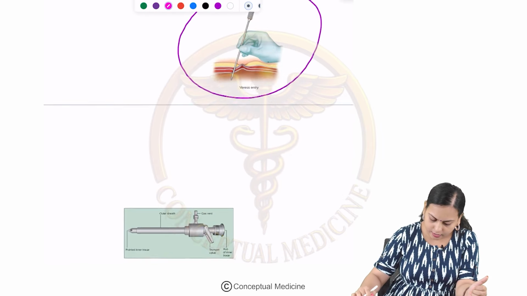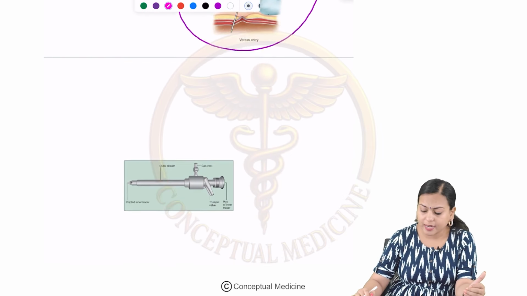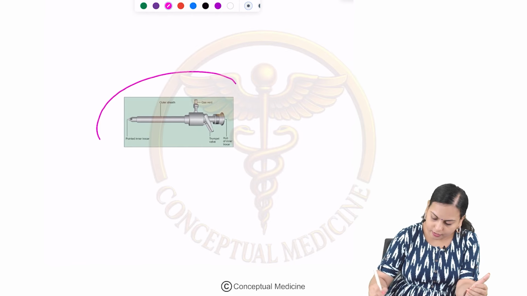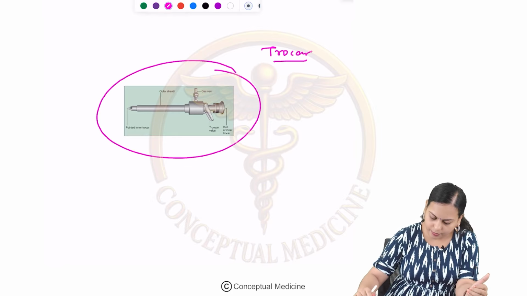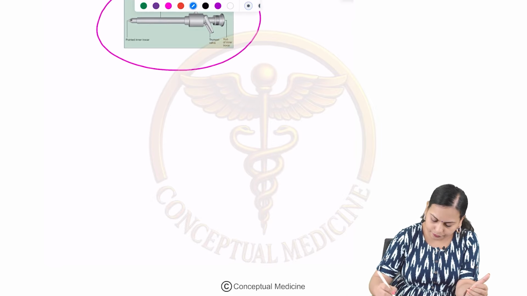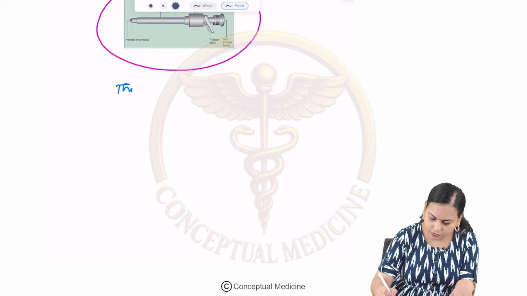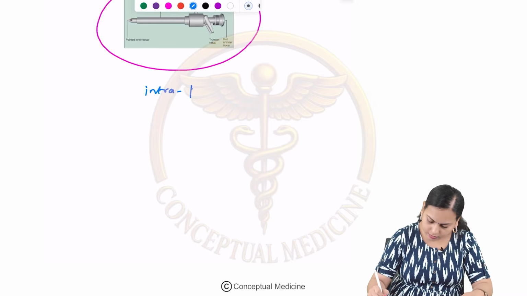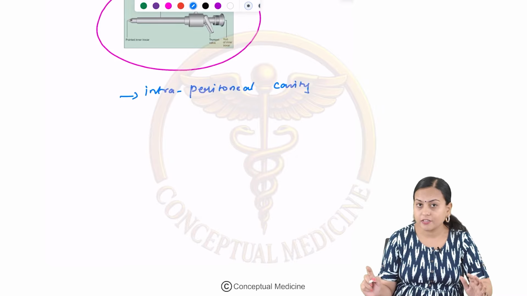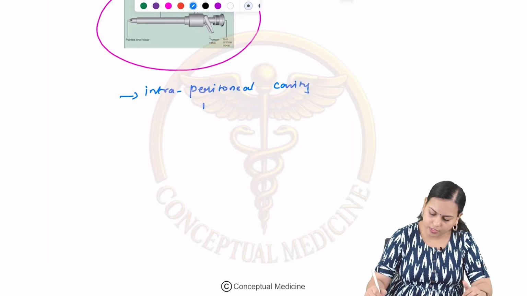Then we'll have camera equipment and light source, and another important thing is the trocar. This is a trocar instrument. It will permit access to the peritoneal cavity through which the other instruments can pass.